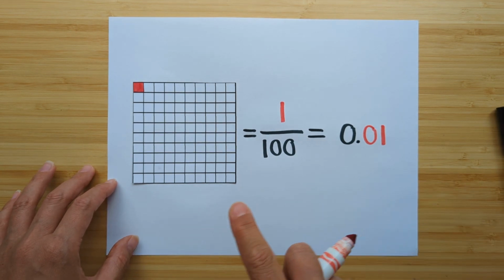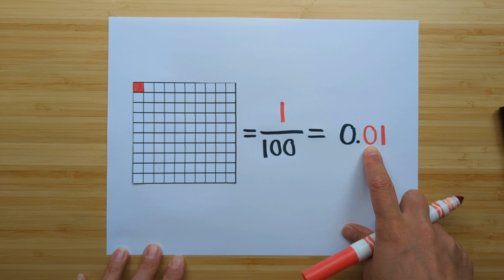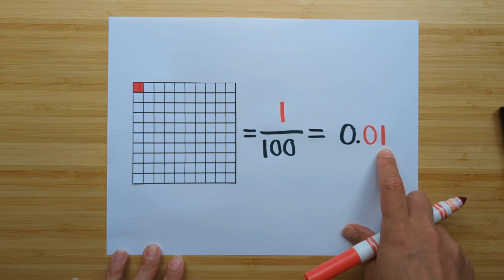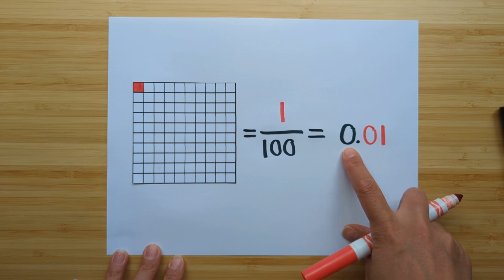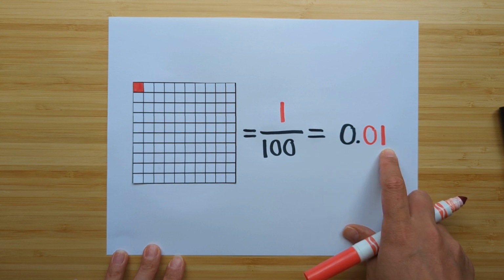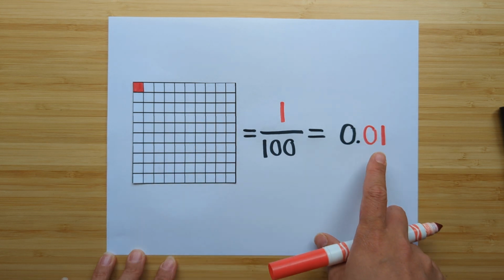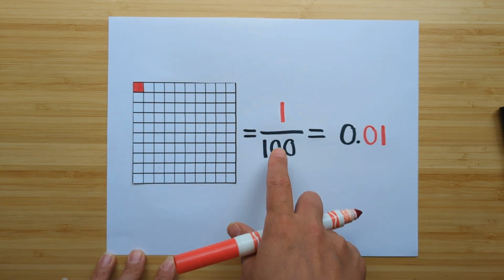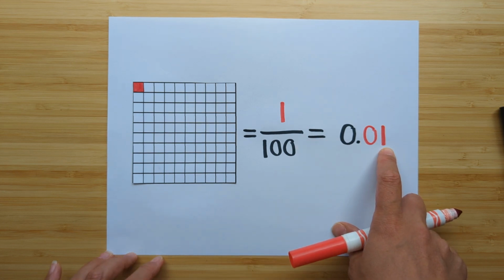And as you noticed, that's a little bit different than the tenths. I put a 0 in the tenths place and a 1 in the hundredths place. So 2 place values over to the right from the ones place is the hundredths place. It's read the same, but it looks different. So 1/100th is equal to 1/100th.